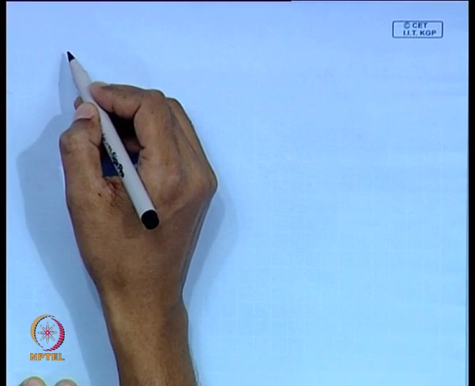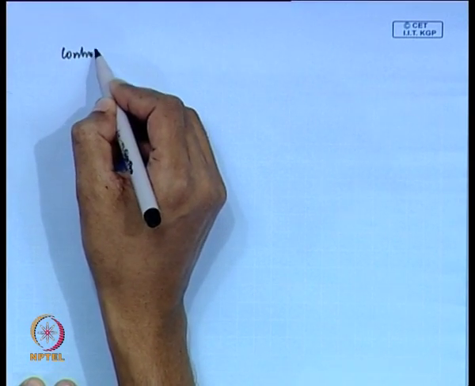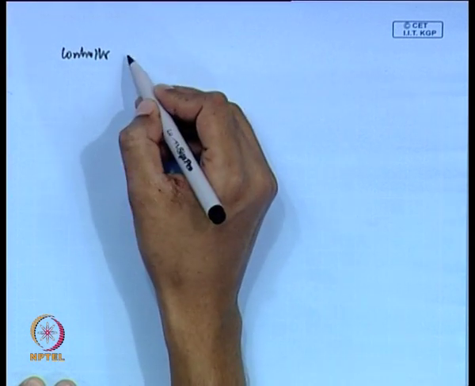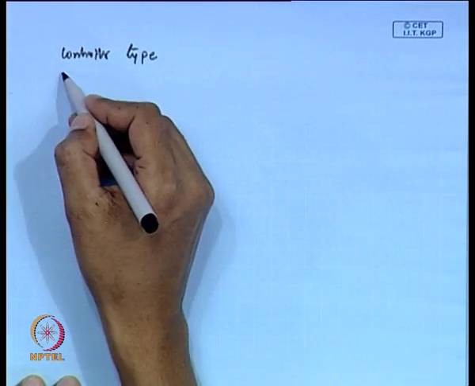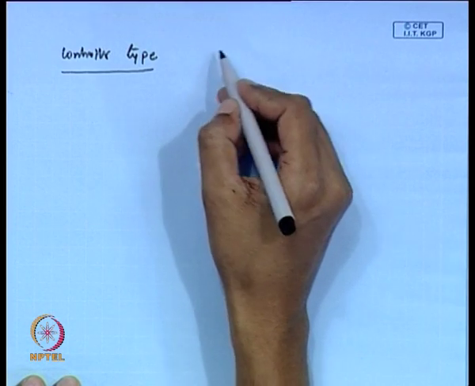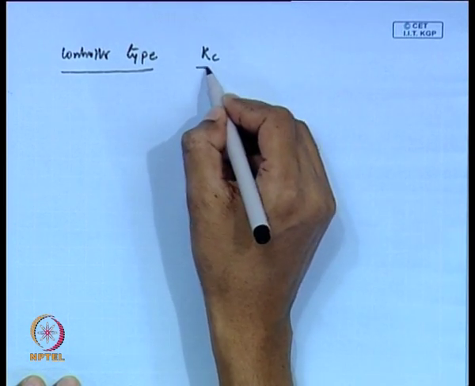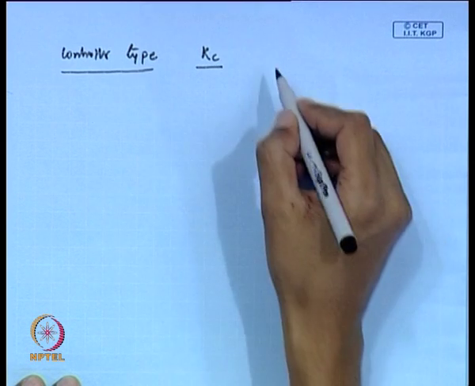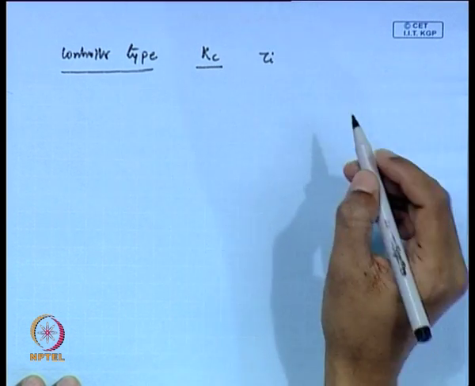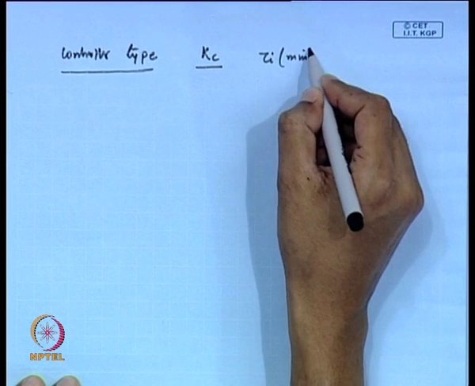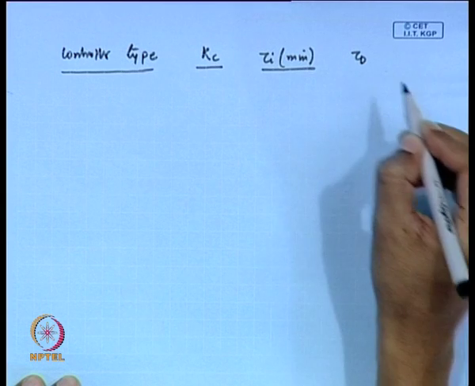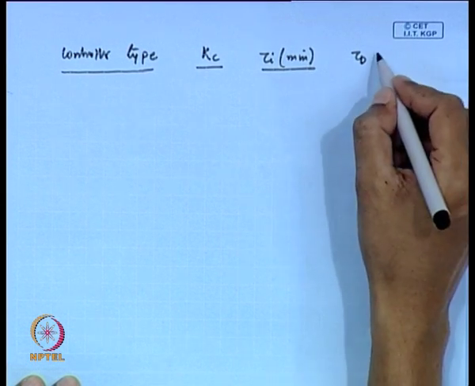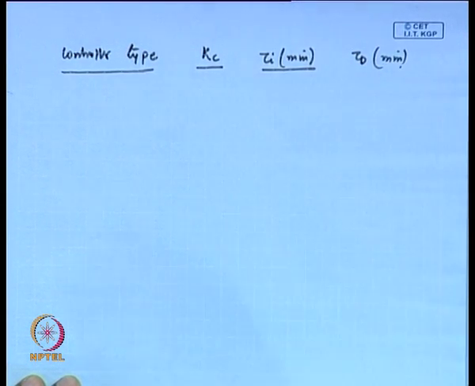So, we will know the different correlations which have been proposed by Ziegler and Nichols. Controller type, proportional gain Kc, time constant tau I in minute, derivative time tau D in minute.